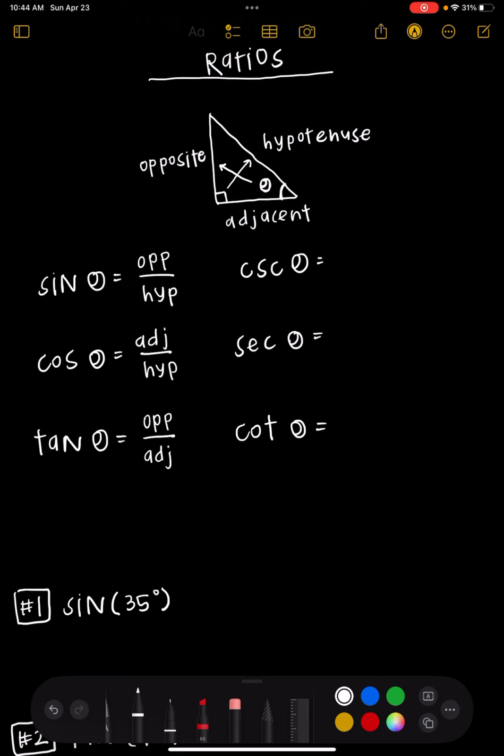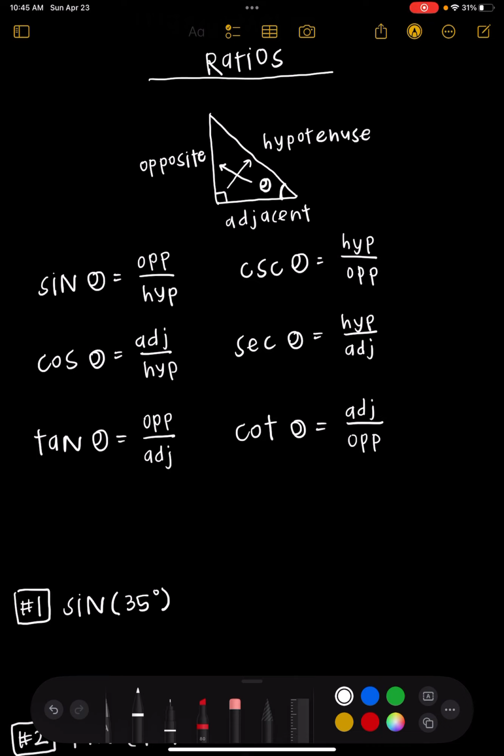Cosecant is the opposite of sine, which means it's hypotenuse over opposite. Secant is the opposite of cosine, which is hypotenuse over adjacent. And cotangent is the opposite of tangent, which means it's adjacent over opposite. So here are all six different trig functions.